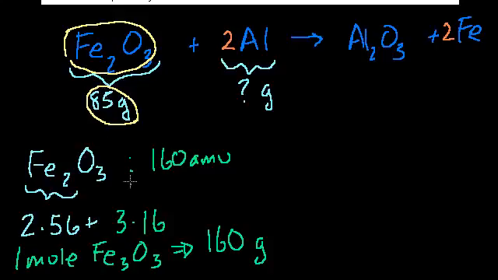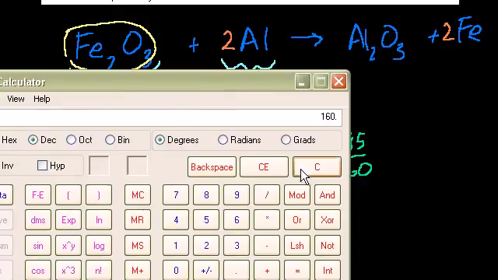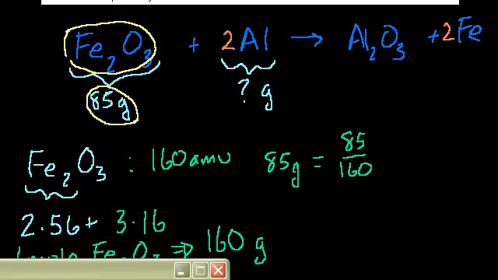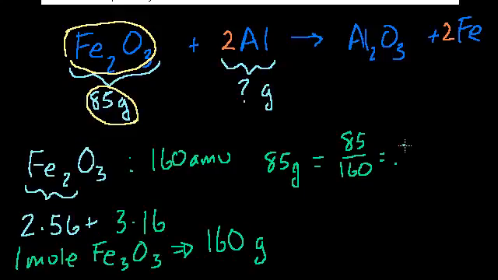How many moles is that? Well, 85 grams of iron 3 oxide is equal to 85 over 160 moles. So that's equal to 85 divided by 160 equals 0.53125 equals 0.53 moles.